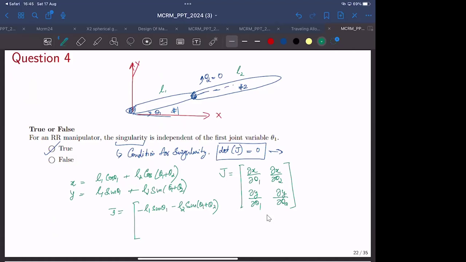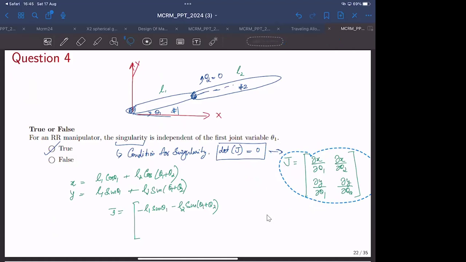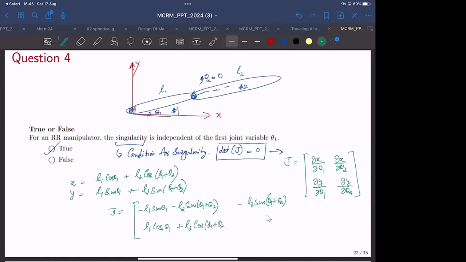And the second column would be minus L2 sine(theta 1 plus theta 2). Now the second row would be L1 cos theta 1 plus L2 cos(theta 1 plus theta 2), and the final element would be L2 cos(theta 1 plus theta 2).